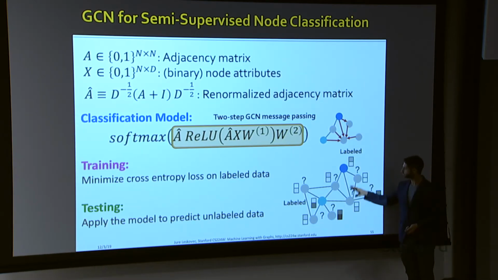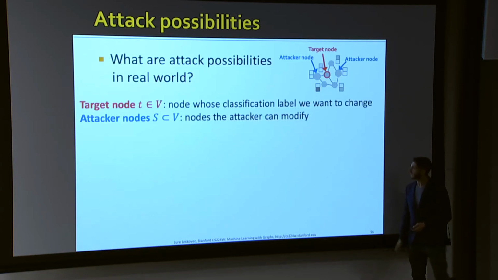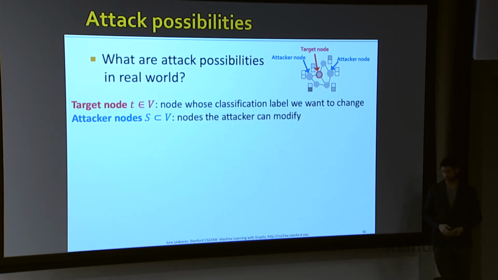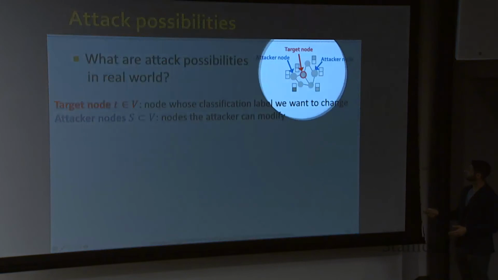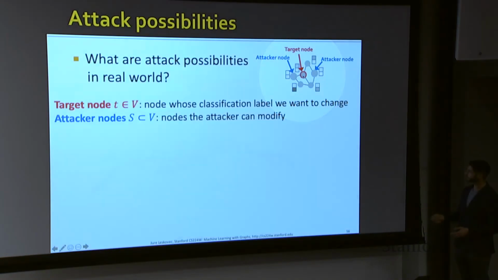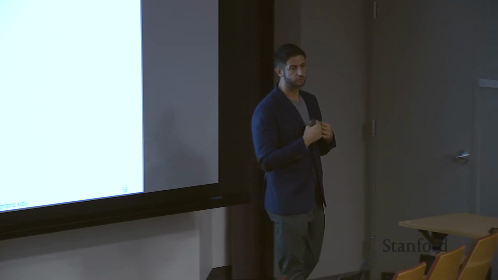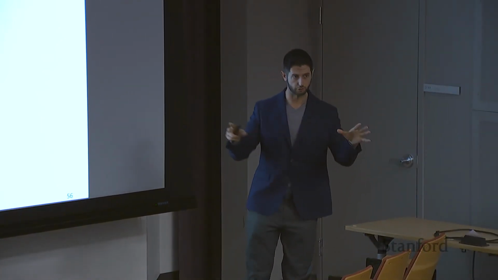So now that we clarified the context, how can this be attacked, how easy is this to attack, and what are the kinds of attacks that we can perform in this scenario? There are different attack possibilities, and let's first of all distinguish the different domains. We have the target node and the attacker nodes. The target node, let's say, is our fake news account on Twitter that we want to boost and recommend to everyone.